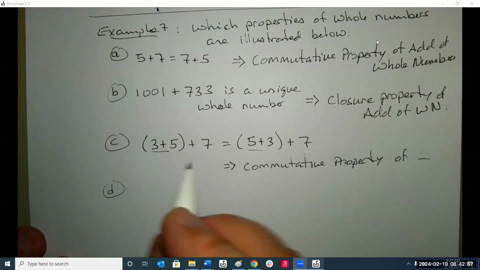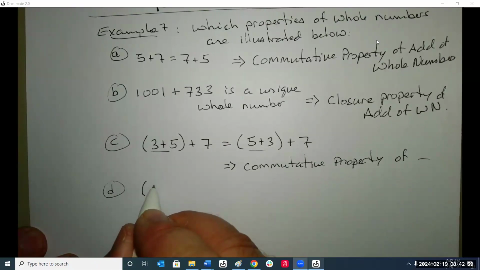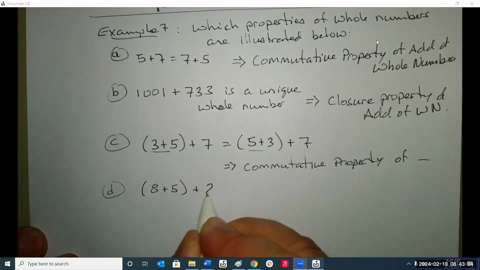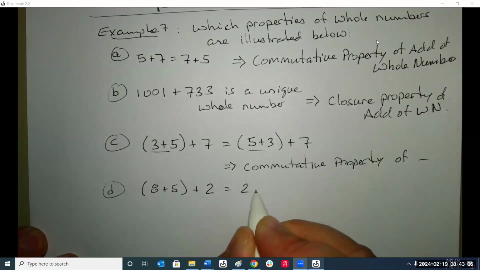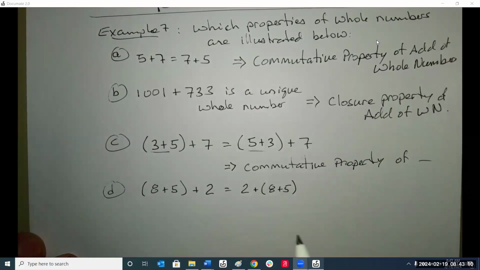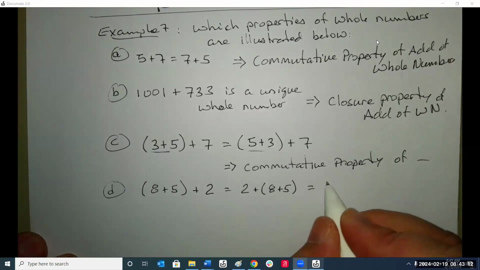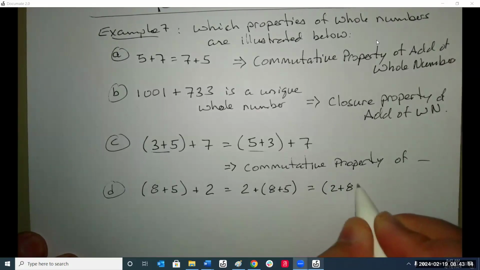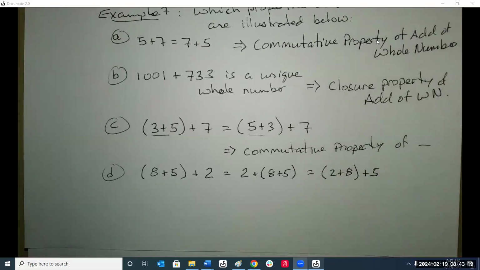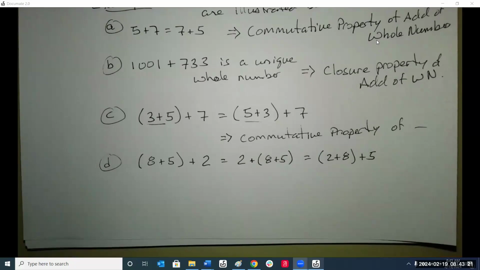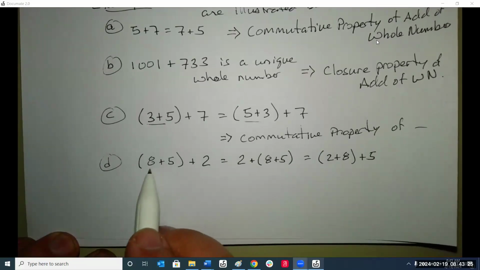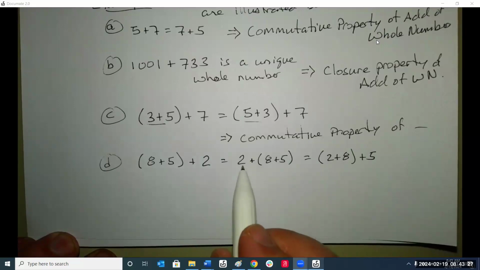Eight plus 5 plus 2 equals 2 plus 8 plus 5 equals 2 plus 8 plus 5. All I did here was 8 plus 5 plus 2, just switch these around.